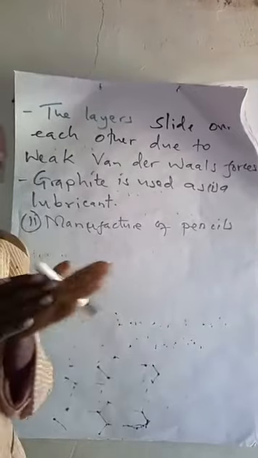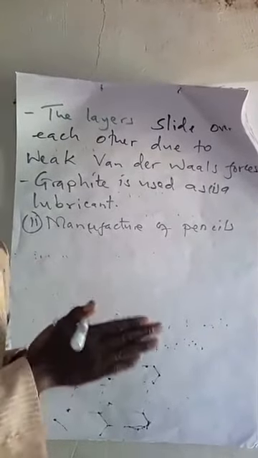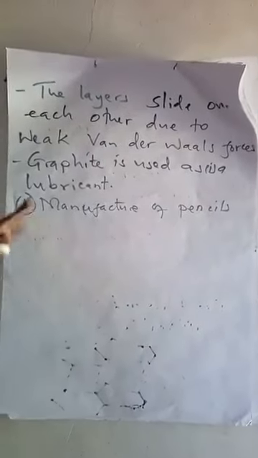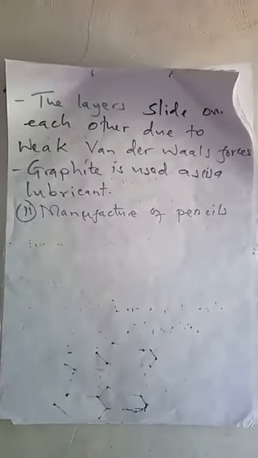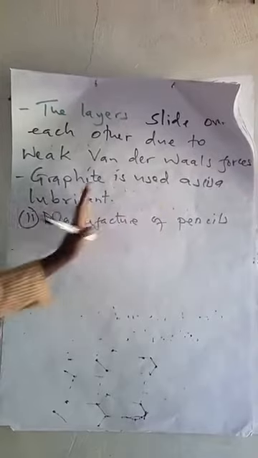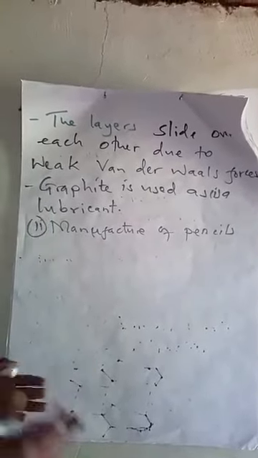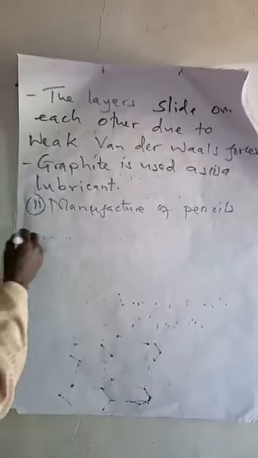Those layers slide. So as they slide over each other, they remain on paper. So that is one use of graphite. It's also used as a lubricant because the layers also slide over each other.